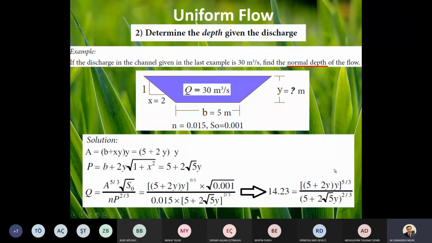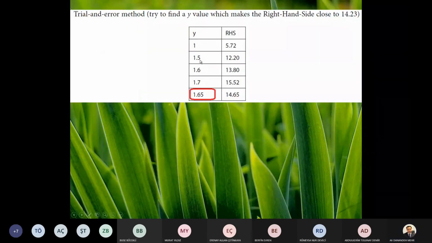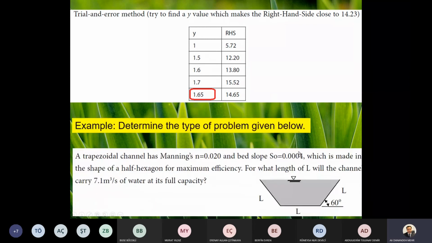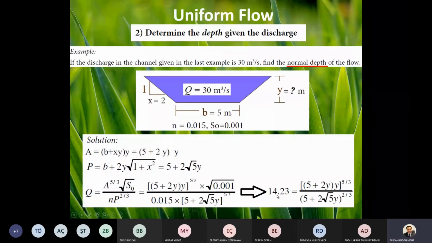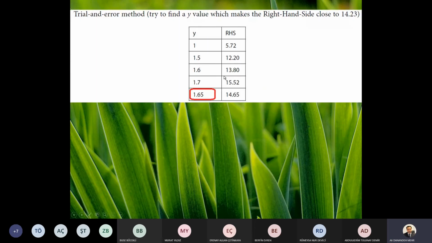Let's increase it. I increased it by half a meter and recalculated the right hand side. It gives me 12.5, and I'm close to 14.23, but not there yet. What should I do? I should increase, but not significantly. A bit of an increase in the height, and I did it for 1.6.